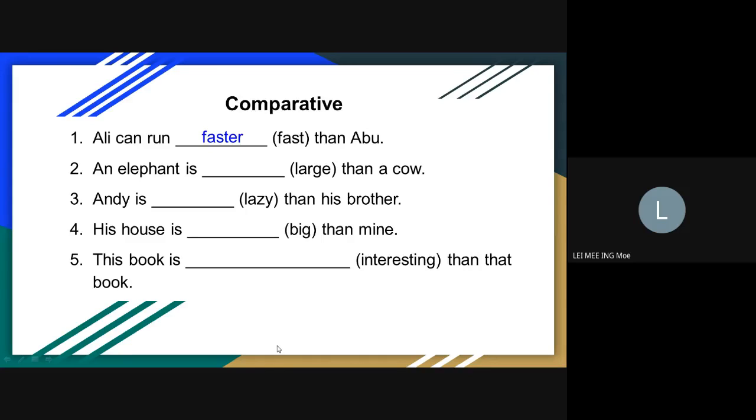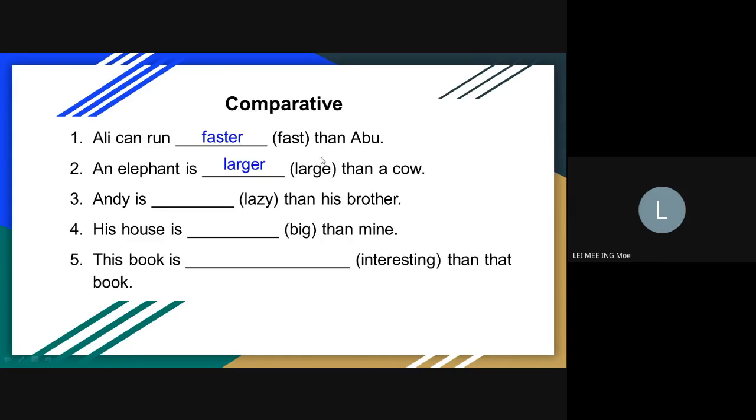Question number 2. 5, 4, 3, 2, and 1. All right. The answer is larger. You have than here, so it is a comparative.